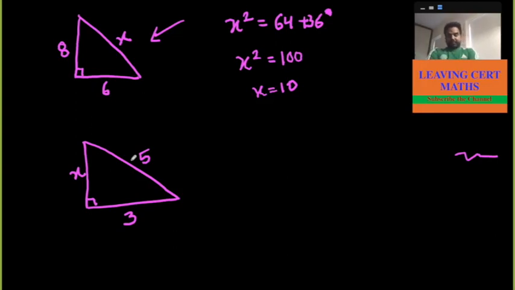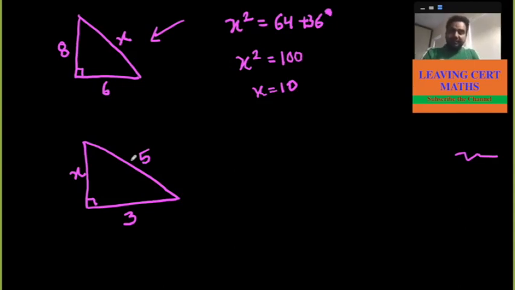So would you do c squared is x? No, c is not x. First you write c square is equal to a square plus b square, right? That is your basic formula. And a is 3 or 5? No, a is 3.